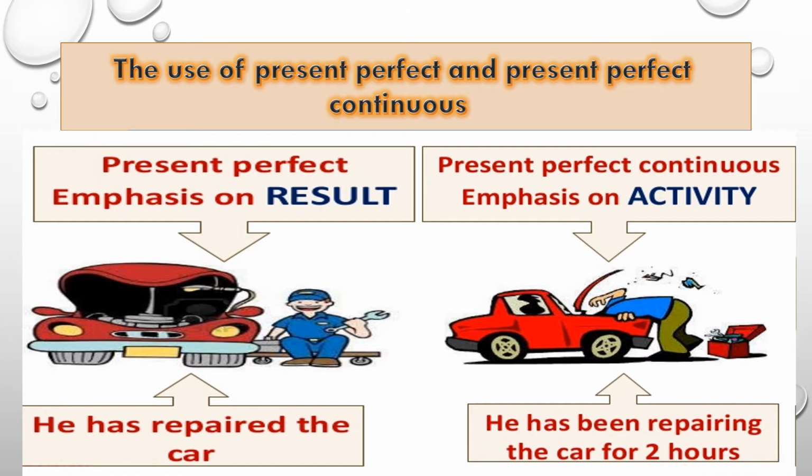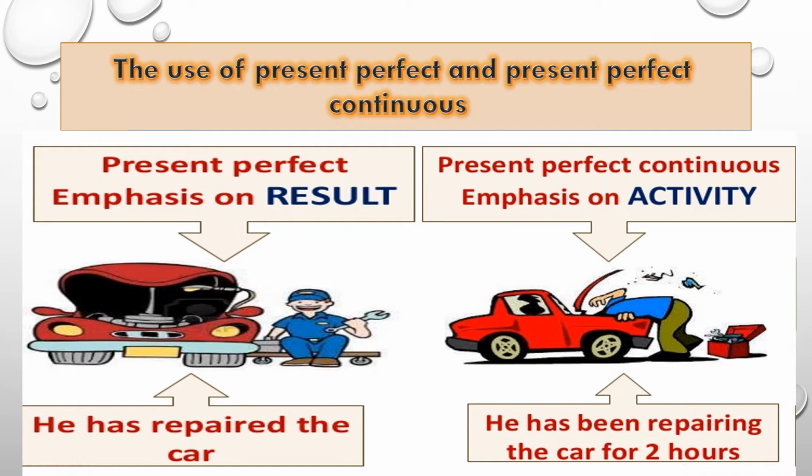Here we have duration of time. احنا مركزين على duration of time اللي هو صار له ساعتين بصلح السيارة ولحتى الآن لم ينتهي. So when you focus on the action or the duration of time we use present perfect continuous. Again, المضارع التام البسيط يستخدم للتركيز على النتيجة. احنا بالمضارع التام البسيط بنركز على النتيجة. We focus on the result. بتهمنا النتيجة.